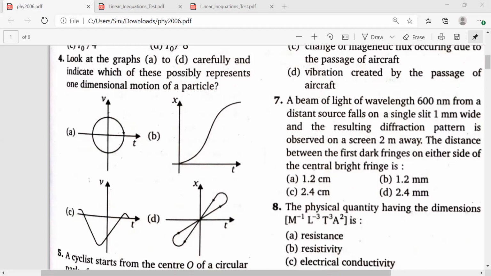I want everyone to participate, because I want to know what you guys think. It's a one-dimensional motion of a particle. Tejas, if you are not telling me, I have to forcefully remove you.